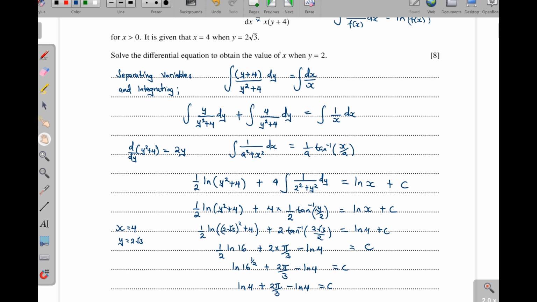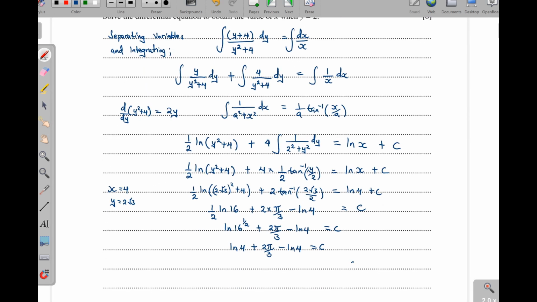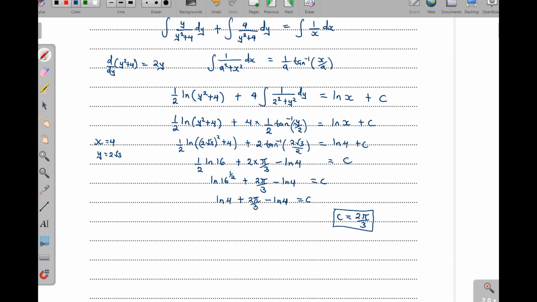So meaning that our c, the constant, is going to be 2 pi out of 3. And then now we can get our particular solution as a half, then the natural log of y squared plus 4, then plus 2 arctan of y out of 2, and this one is equal to natural log of x, and then c is 2 pi over 3.